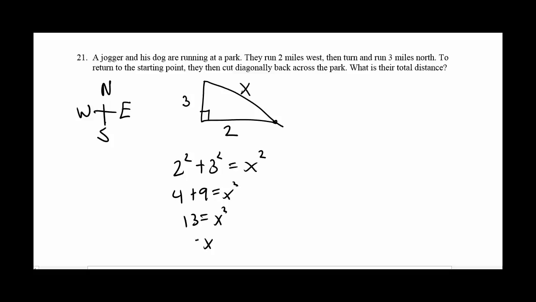And then I want to know what x is, so that's the square root of 13. And let's put some decimal on that. Me telling you that I need you to walk square root of 13 miles really wouldn't mean anything. So this is about 3.6 miles.